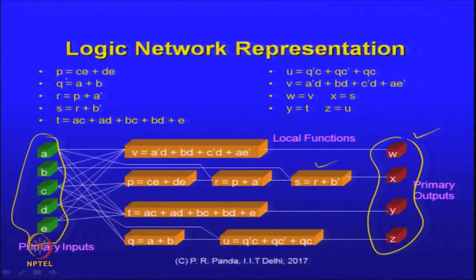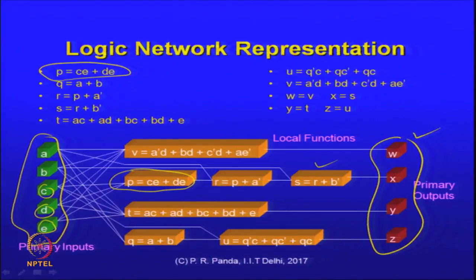So, I have p equals C E plus D E in one of the stages, and that is one node here. It has inputs C, D and E. So, these are the edges that are connecting C, D and E to that node, and there is one output.